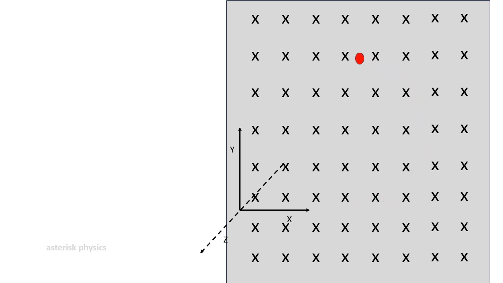When a charged particle enters a perpendicular magnetic field, the charged particle moves along the circumference of a circle. Let us see why it moves along the circumference of a circle, or why it follows a circular path.